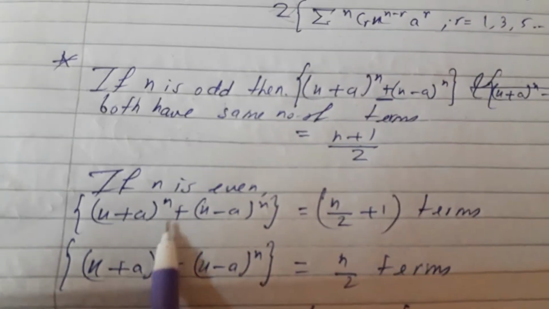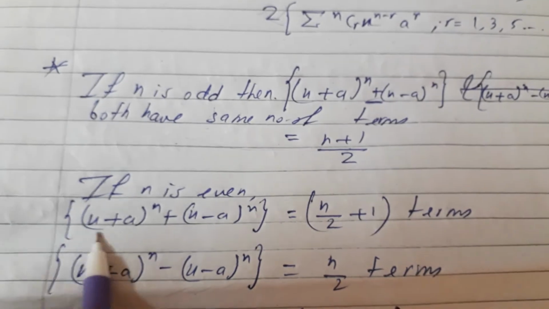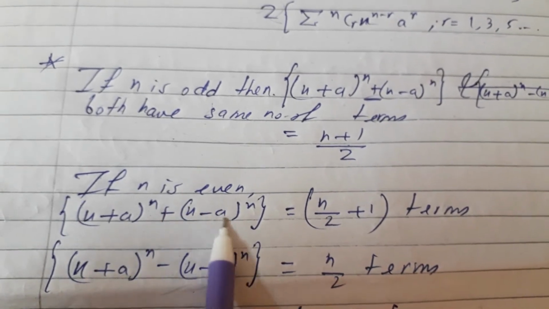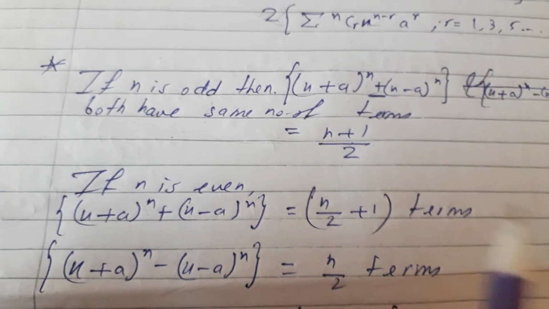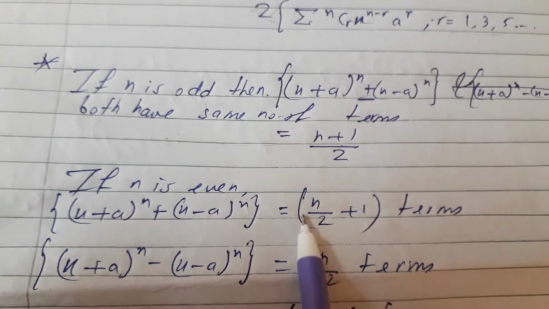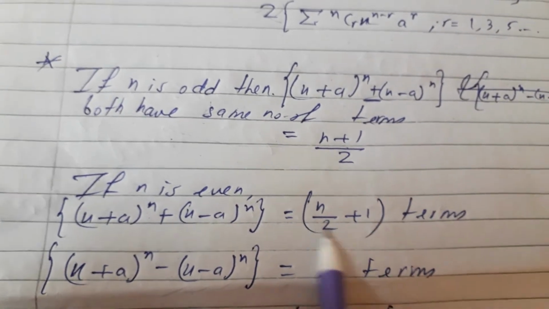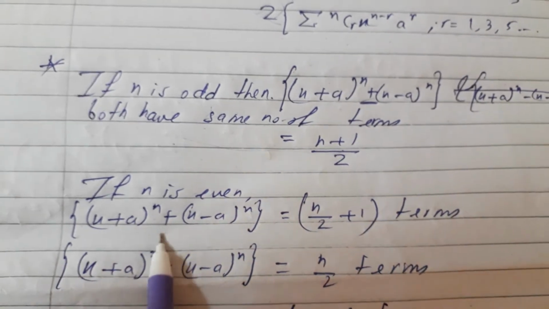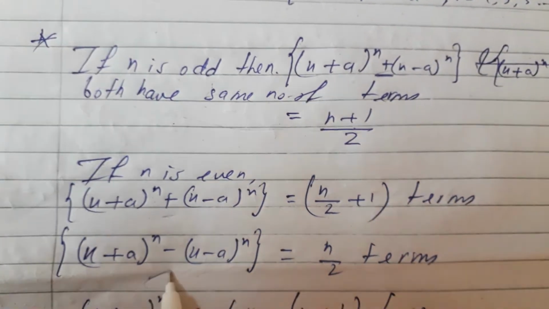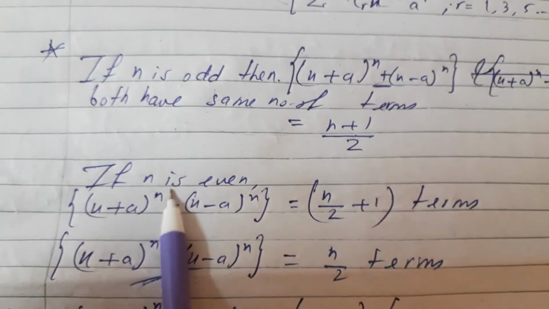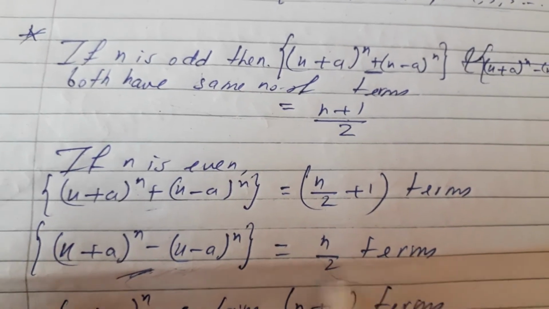But if n is even, then (x plus a) to the power n plus (x minus a) to the power n has n by 2 plus 1 terms if the sign is positive, and if the sign is negative and n is even, then the number of terms will be n by 2.